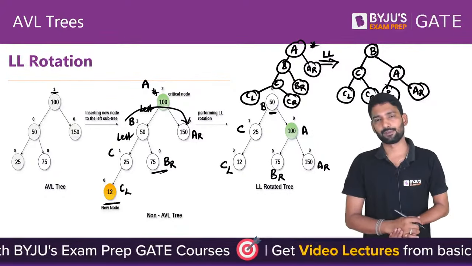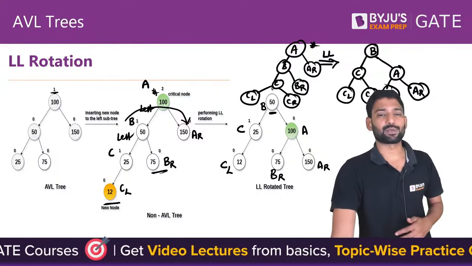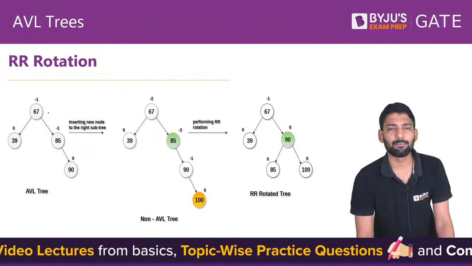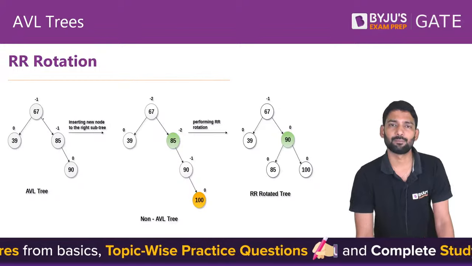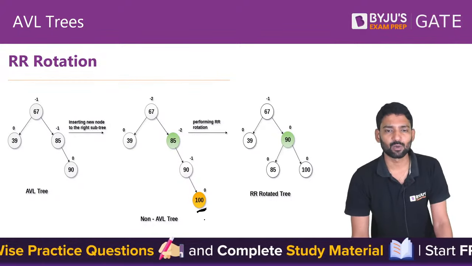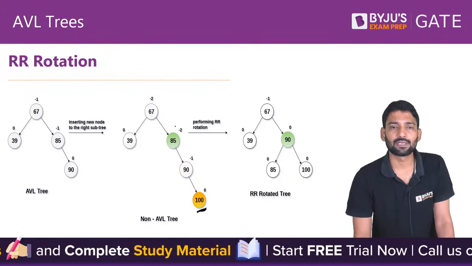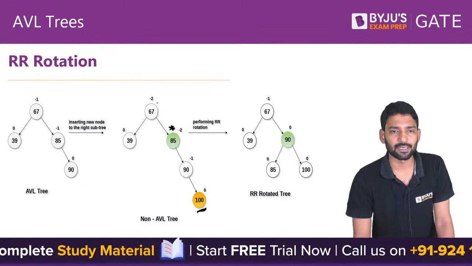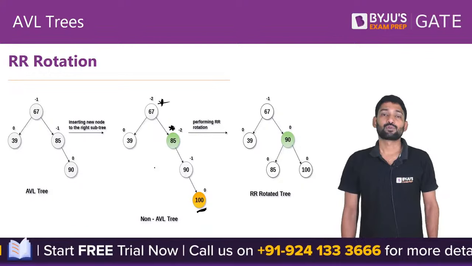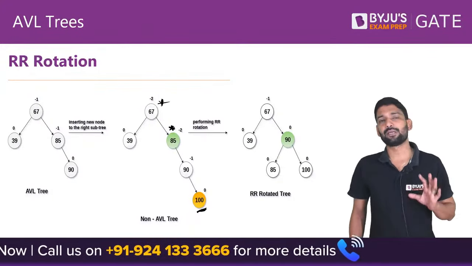LL rotation. Okay. Similarly, let us look at RR rotation. Suppose we are having a balanced BST. To this, we are now inserting one node 100. Because of that, two nodes became critical. 67 became critical. 85 became critical.